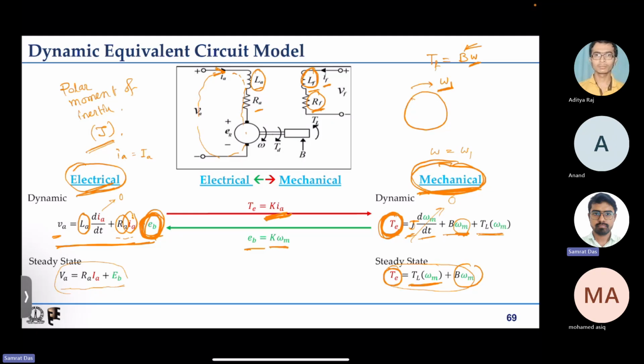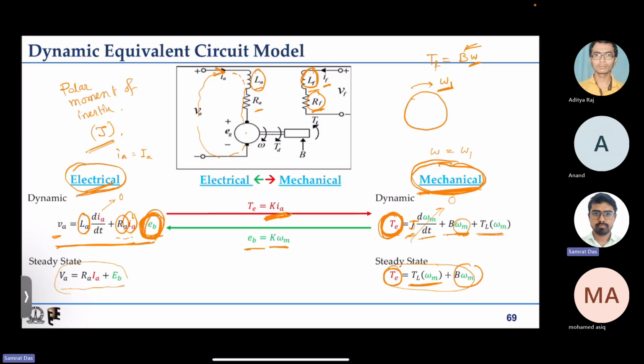We have to know these interconnections well, because finally, if it is a motor, we need to control some mechanical variables like speed or torque, and load torque basically. We have to change some electrical variables like the armature current or field current in order to get that.